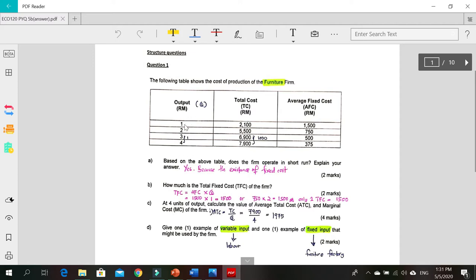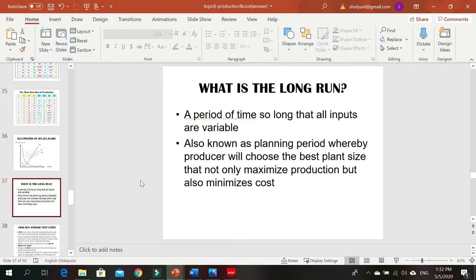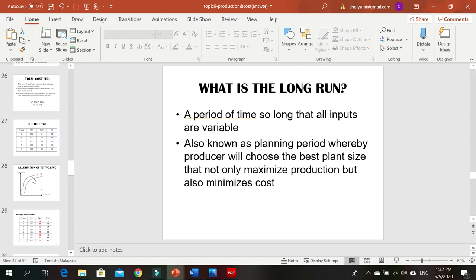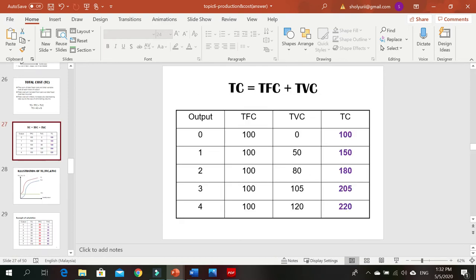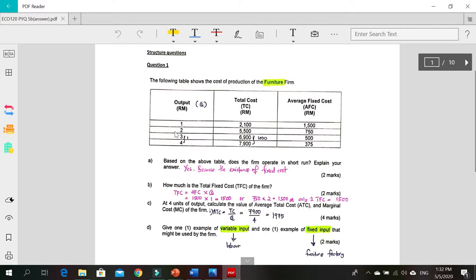Tadi saya kata, in my first video, I said, to find the fixed cost, you tengok dekat output equals to 0, masa total cost ada nilai tu, itulah nilai fixed cost. Tapi in our question now, we don't have output equals to 0, betul? So that is not the way to find it.